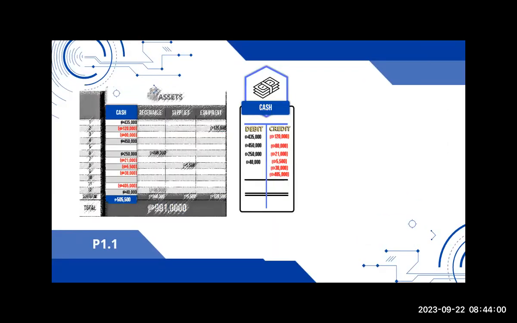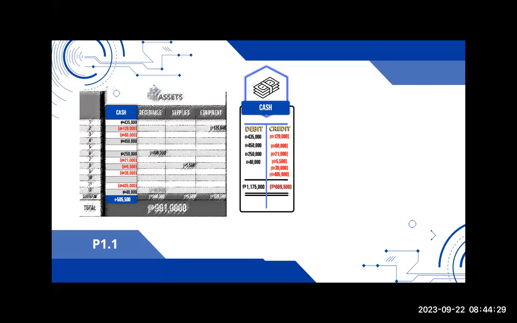So, just solve with me. 435 plus 450 plus 250 plus 40,000 would be 1.175, right? And then credit, 120 plus 80 plus 21 plus 5.5 plus 38 plus 405 should equal negative 669,500. So you have a debit of 1.175 and then a credit of 669.5.